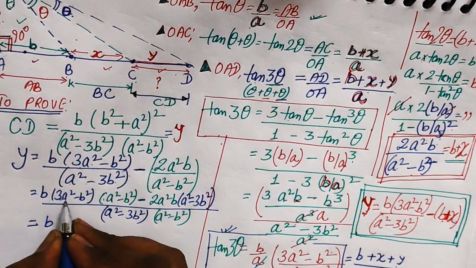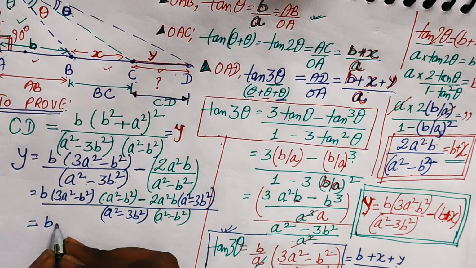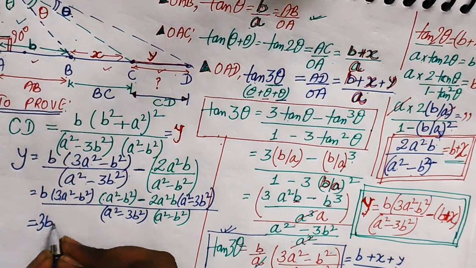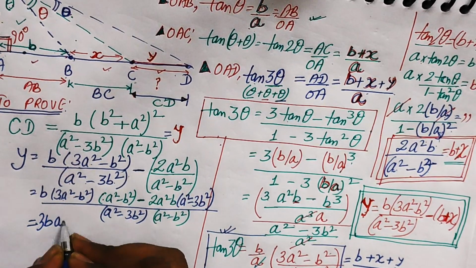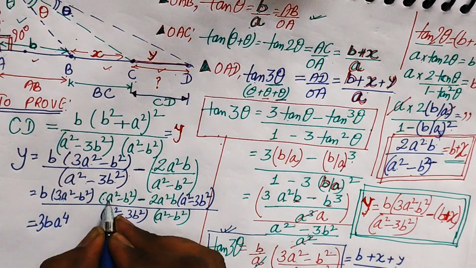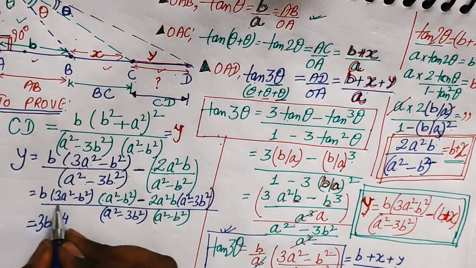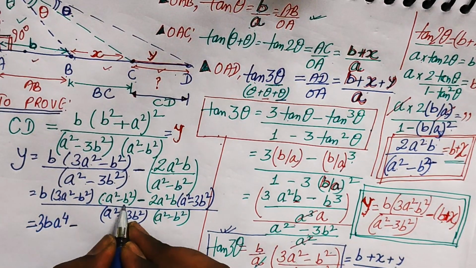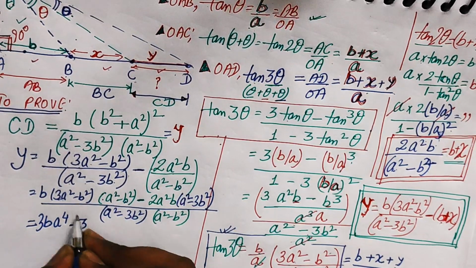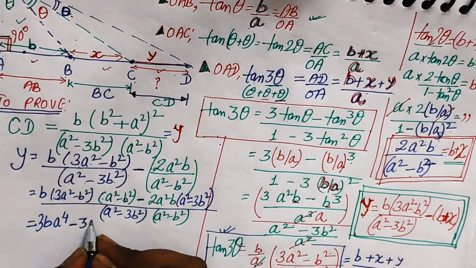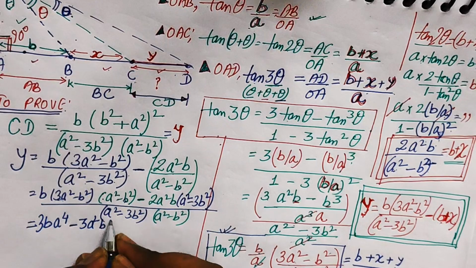So b into 3a square into a square, this will give you 3b into a power 4, again minus 3a square b cube.